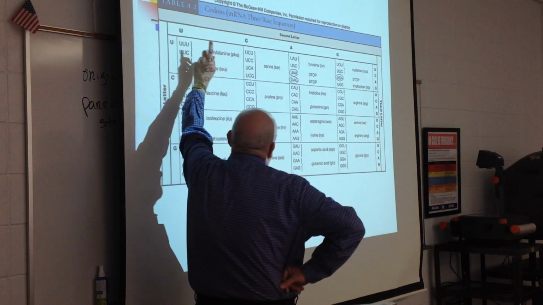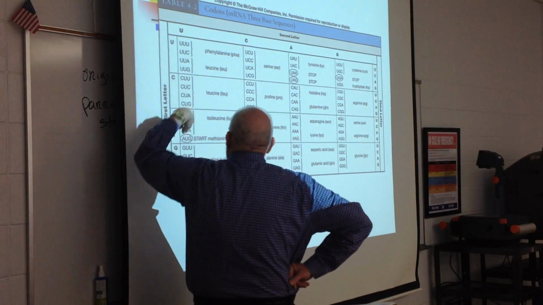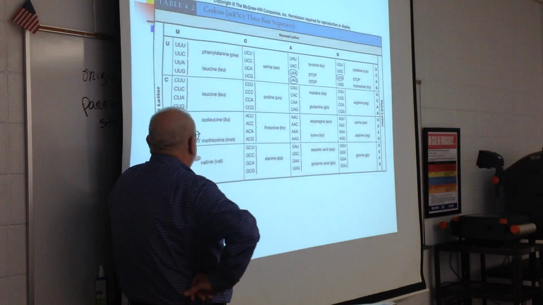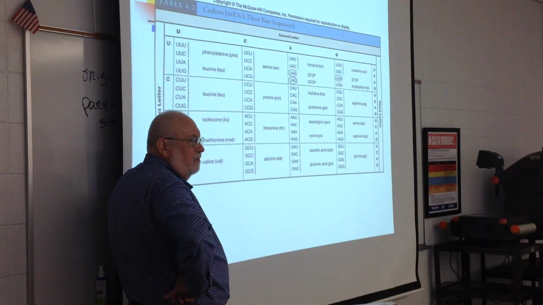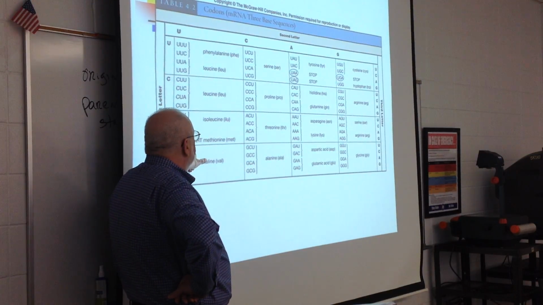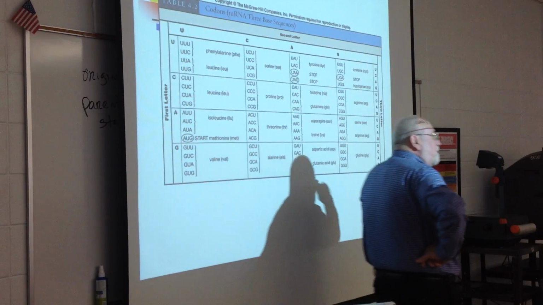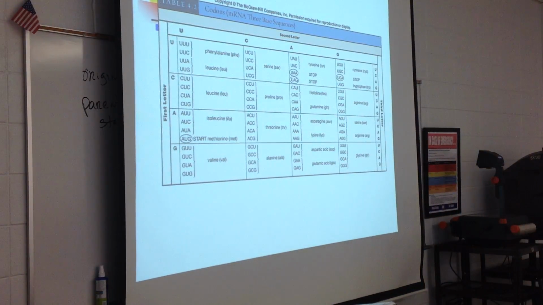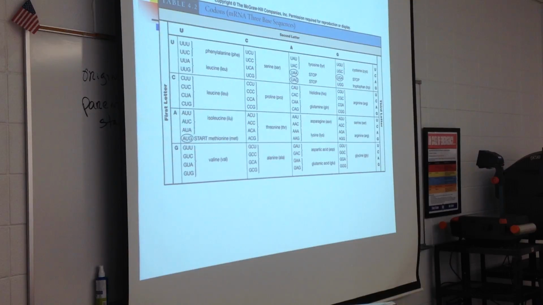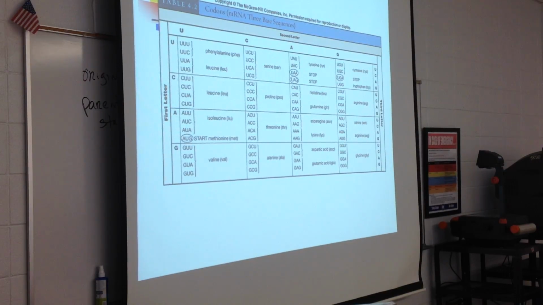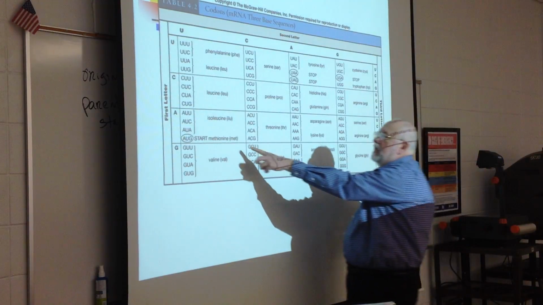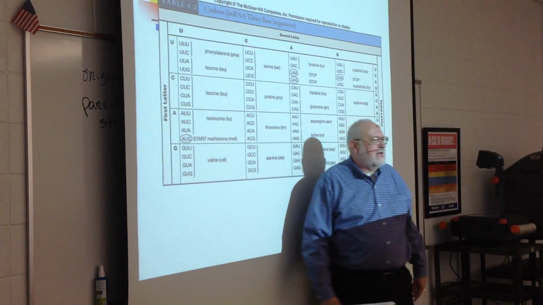So, if we come up with something like AUG, which you'll see right here, and it's circled, that is labeled start. Now, that is where the process begins. And the first amino acid that gets inserted is methionine. They've written it out, and then they have the little 3-letter abbreviation there in parentheses.